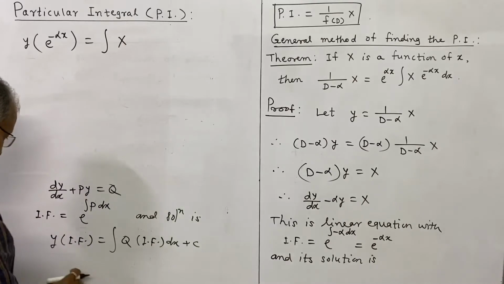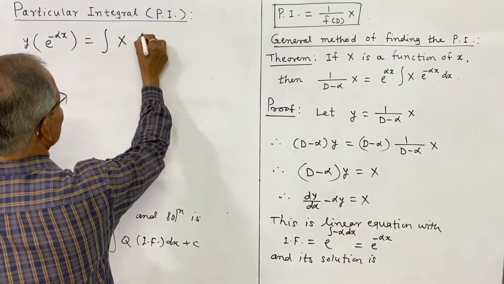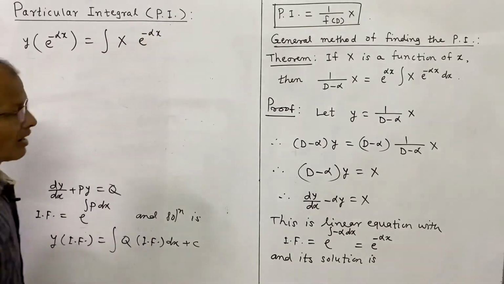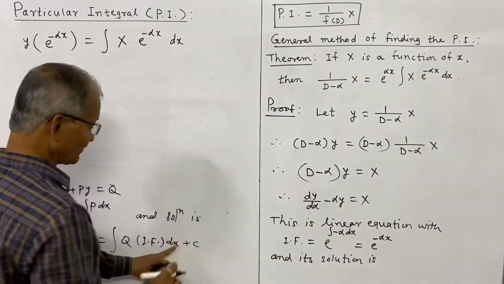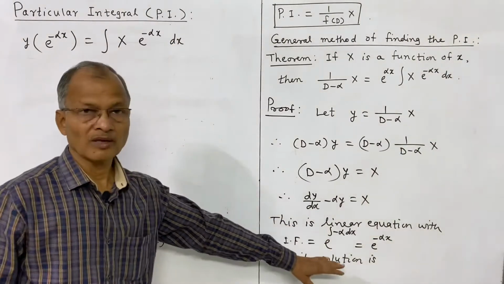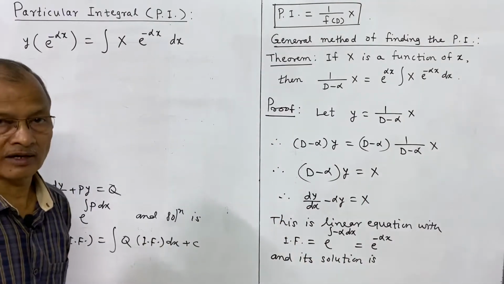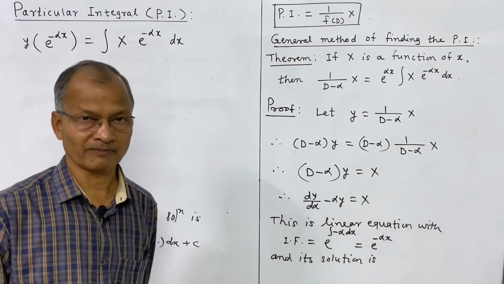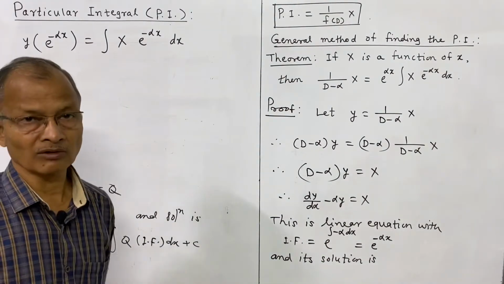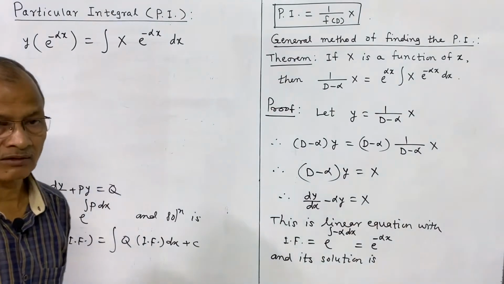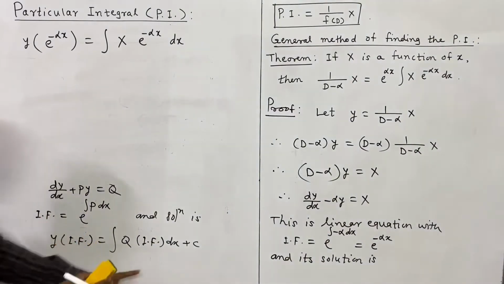IF is e power minus alpha x, and into dx. We don't write the constant of integration for this solution because it is a particular integral, and all constants are already added in the complementary function, and therefore remember, for particular integral we don't include the constant because the constants are included earlier in the complementary function, and therefore we don't write this c.